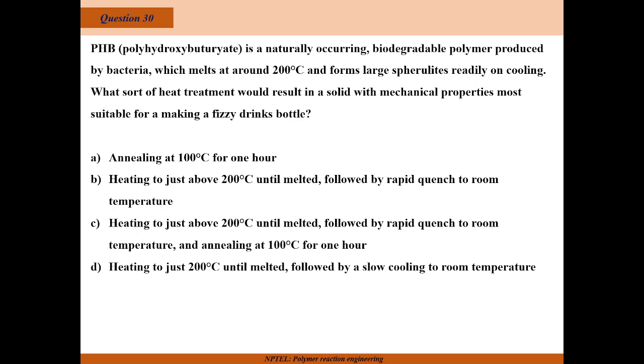Annealing at 100 degrees for 1 hour; heating to just above 200 degrees until melted, followed by rapid quench to room temperature and annealing at 100 degrees for 1 hour; or heating to just above 200 degrees until melted, followed by slow cooling to room temperature.